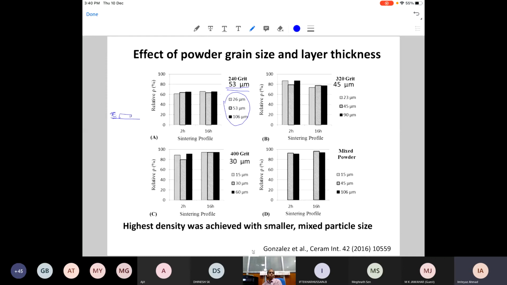And in order to make them dense, you need to sinter them. But if you want to lower the cost, you need good sinterability. You need less time and less temperature for sintering.